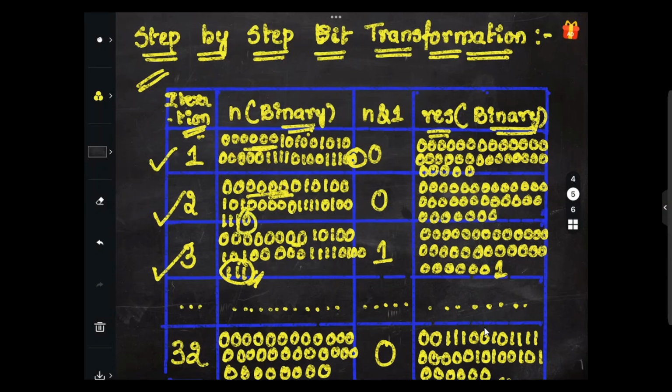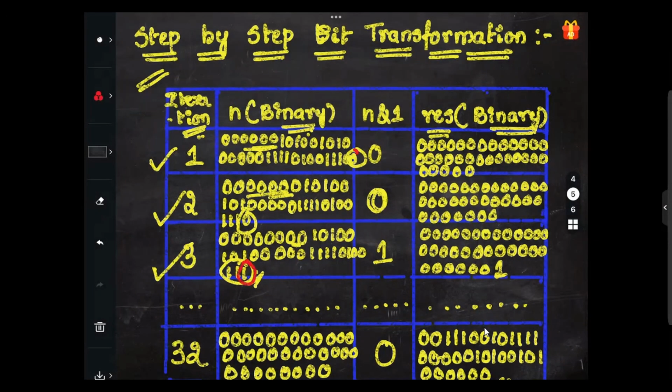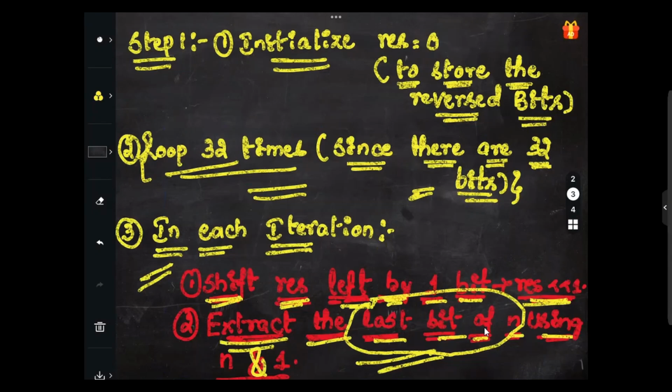Here also the last digit is 0. Here the last digit is 1. You can clearly see this is 0, this is 0, this is 1, so we have considered 1. In the 32nd iteration it is 0, so again we are considering 0. We are extracting the last bit of n using n and 1, right?